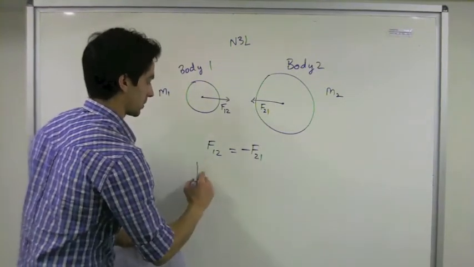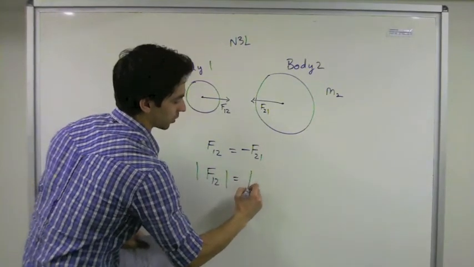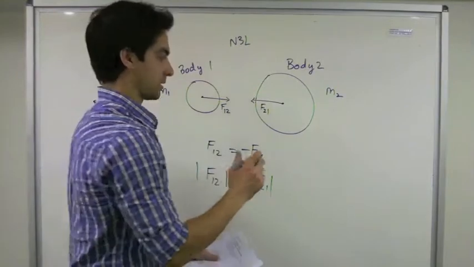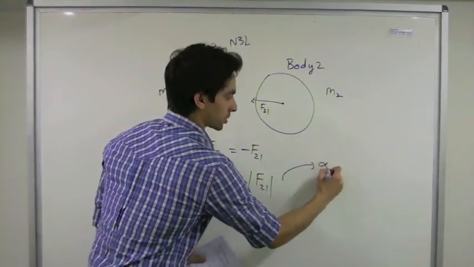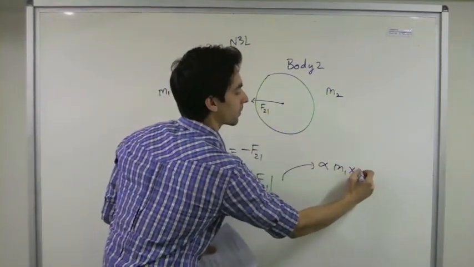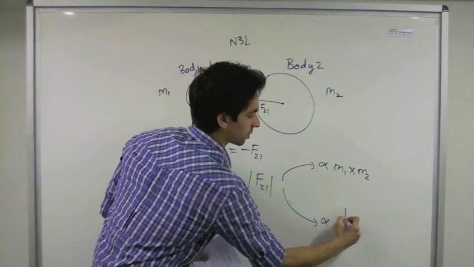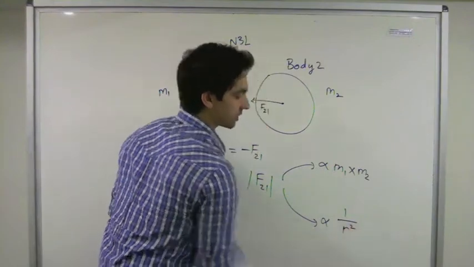Now, therefore, the magnitude of these two forces are equal. Okay, and this magnitude is directly proportional to the product of their masses, and it is inversely proportional to the square of the distance between them.